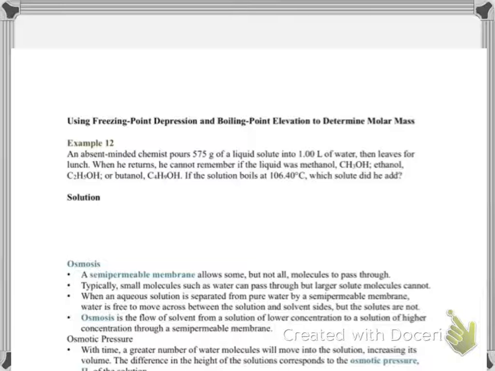With freezing point depression and boiling point elevation, we can use these formulas to find the molar mass of your solute. What do you have to do first? You need to know delta Tf, or delta Tb in the case of boiling point elevation. Once you know these values, you can use the formula.